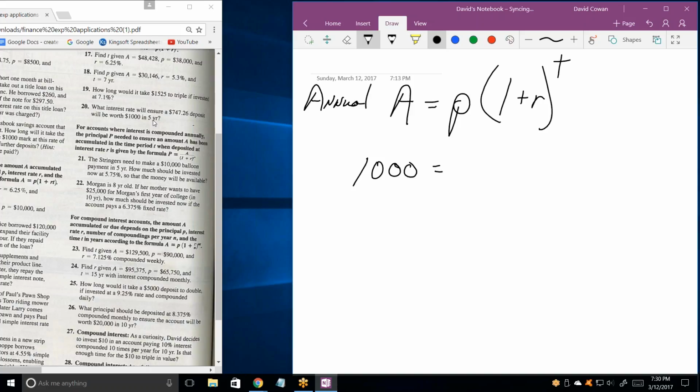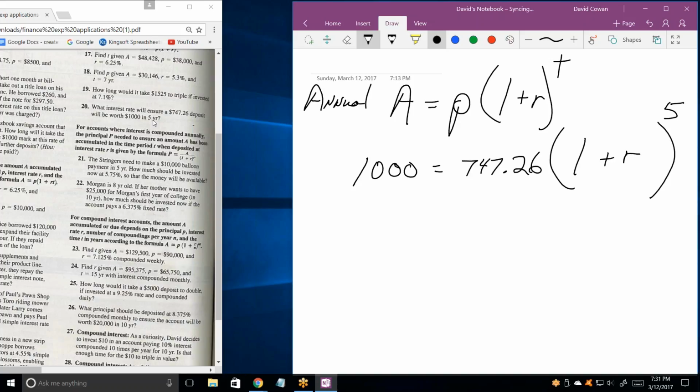Okay. What's P? So that's equal to 747.26. Okay. What's T? 5 years. Okay. So we're looking for R? Looking for R in this case.